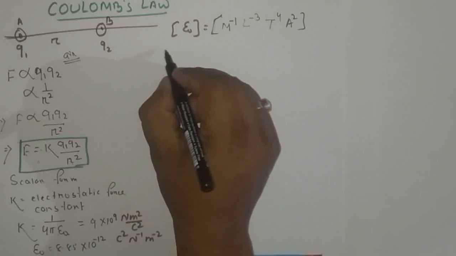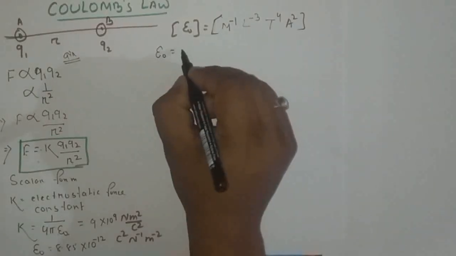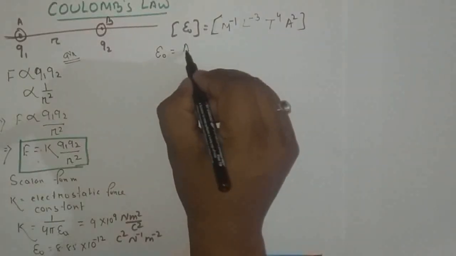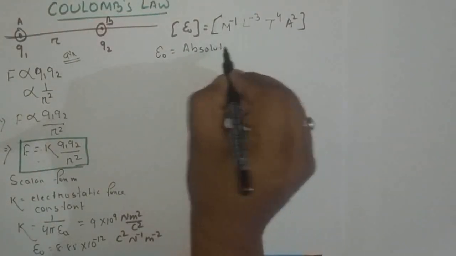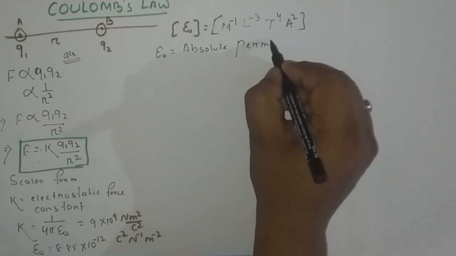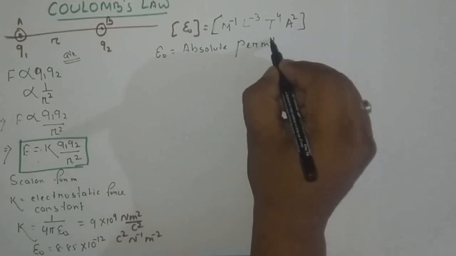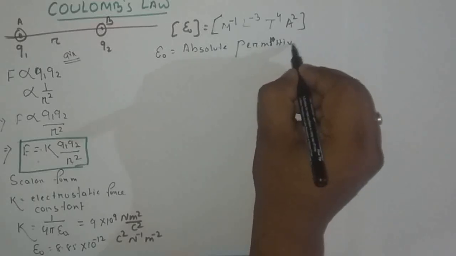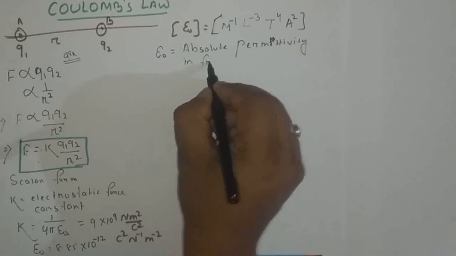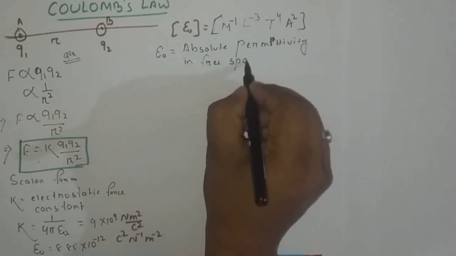So what is that epsilon naught? It is known as absolute permittivity, or permittivity in free space.